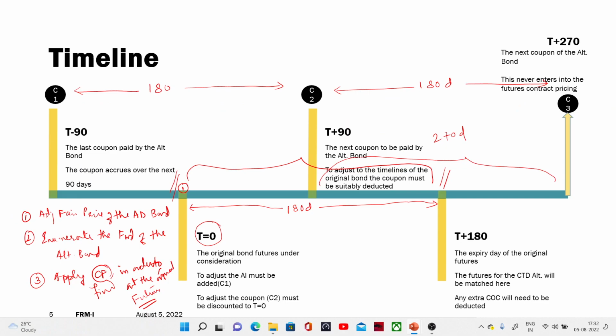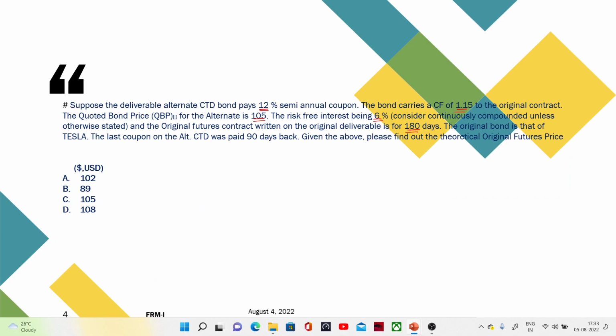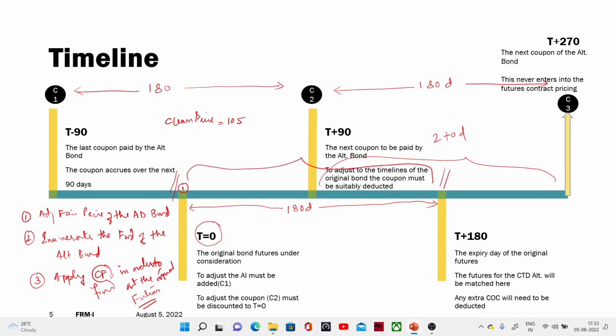So at time t equal to 0, as far as the alternate bond is concerned, the last settlement was 90 days back when it paid the coupon. The clean price at that particular point in time, as determined, was 105. So what would be the cash price at time t equal to 0? The cash price would be the clean price plus accrued interest, if any. From the diagram, it is clear that there is an accrued interest component.